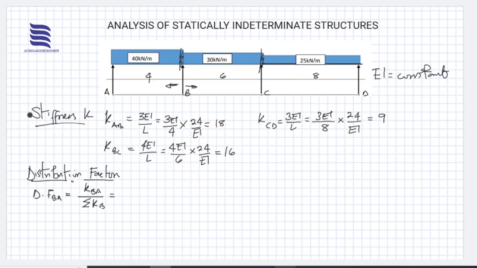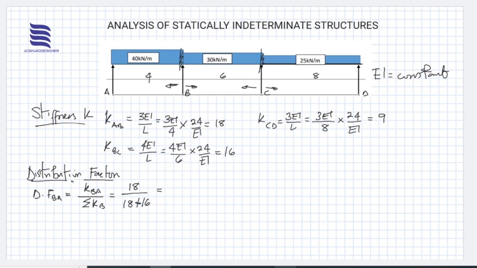And the stiffness at C will be KCB and KCD. That's simple enough, right? So we have KBA to be 18. Then the summation of stiffness at B will be 18 plus 16, that's KBA, which is the same thing as KAB, plus KBC.